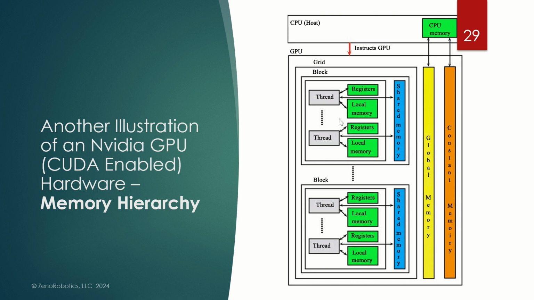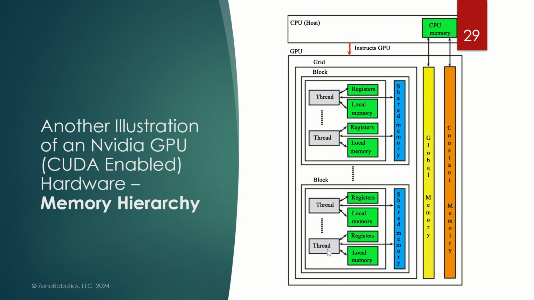And this one is pretty much what I was saying, how you do the mapping. A block is a streaming multiprocessor, and you're going to have multiple blocks. Within a block, you're going to have threads, and each thread is actually, say, a line of code that is running on a streaming processor, and they're all run in parallel.